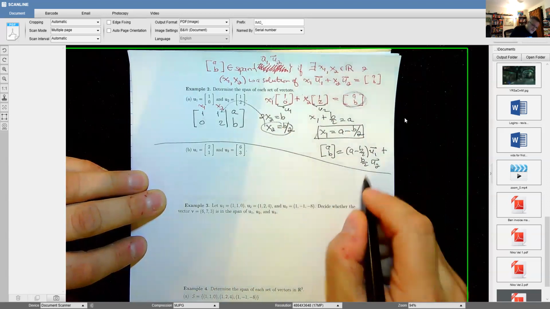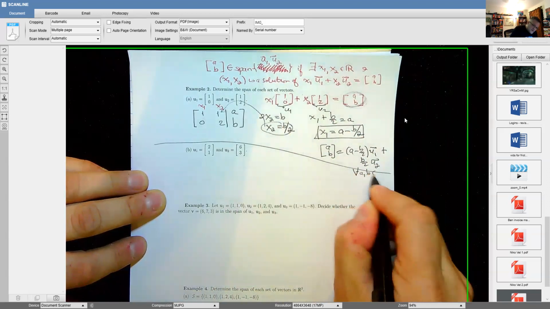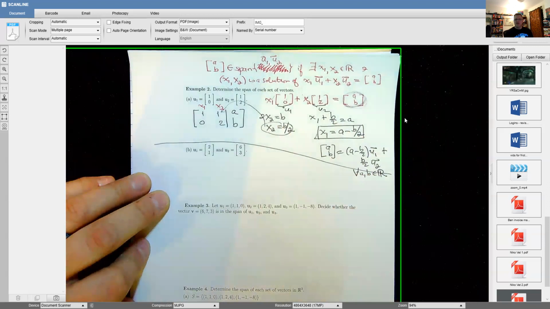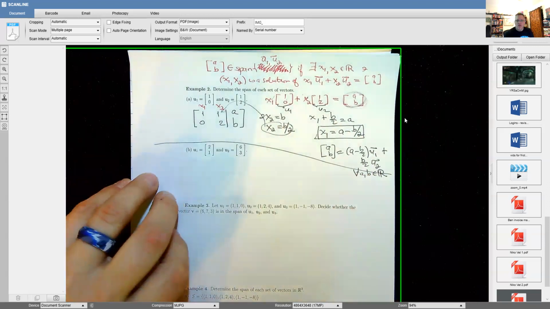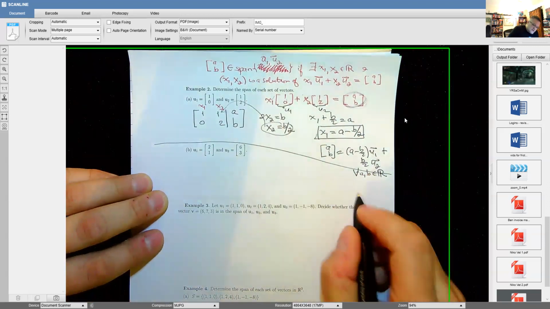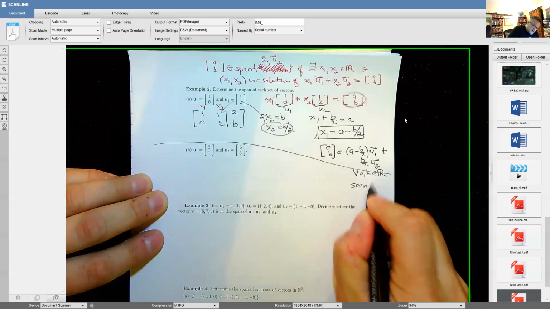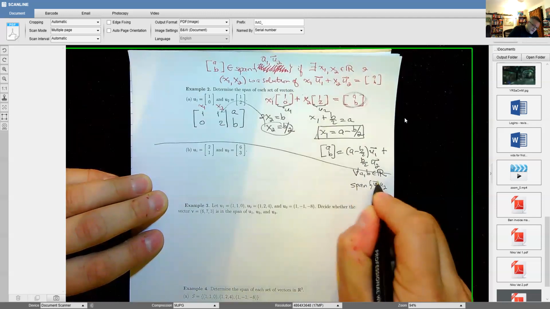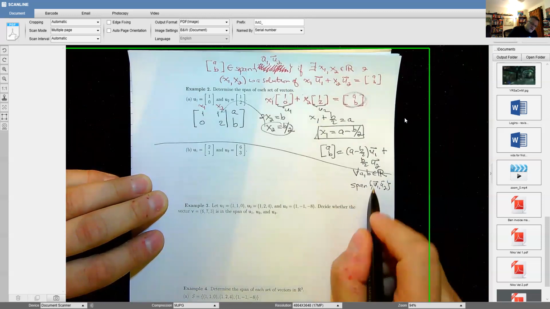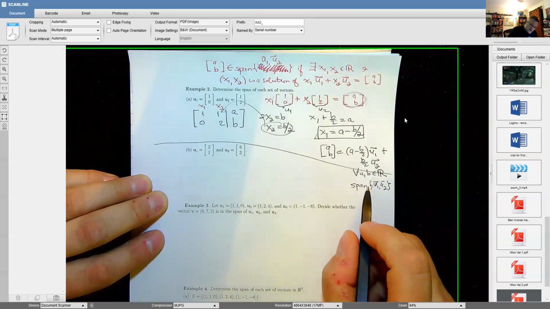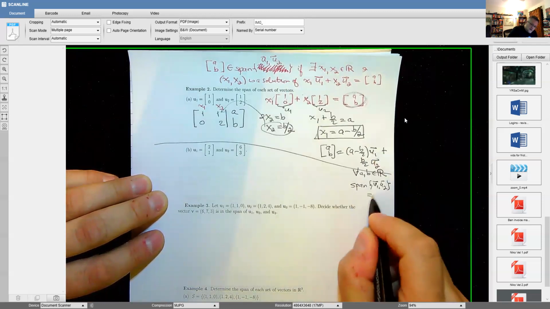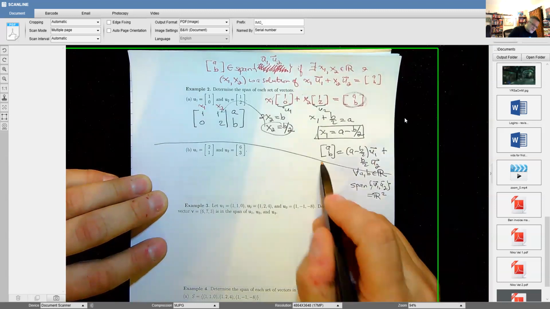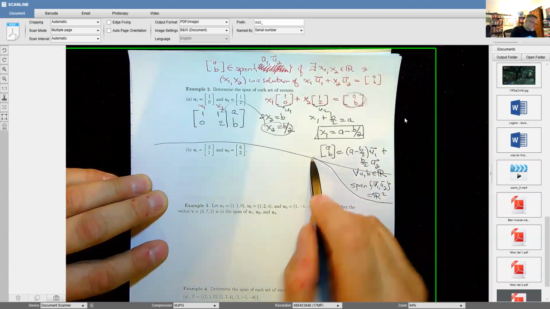And that's for all a and b I choose in R. It didn't matter what the a and b were, that worked for any such vector. And so in this case, the span of u1 and u2, the set of vectors in R2 that can be written as linear combinations of u1, u2, is all of R2. So those vectors in fact span R2.